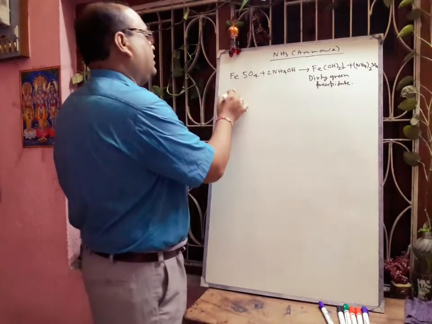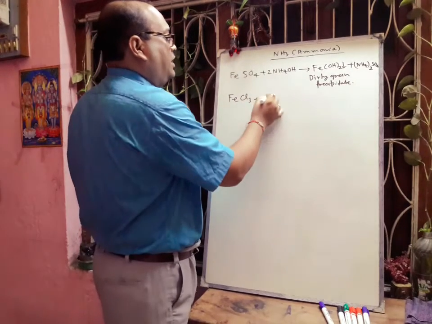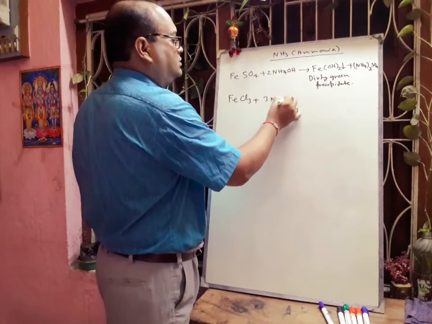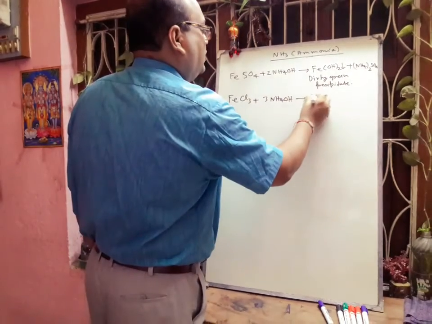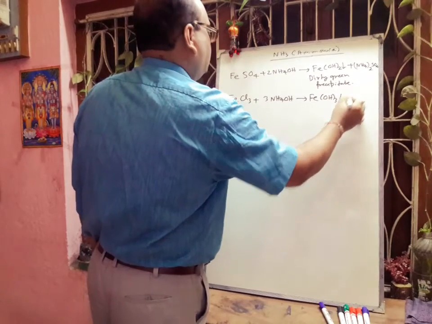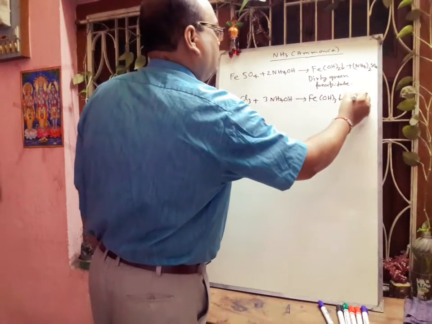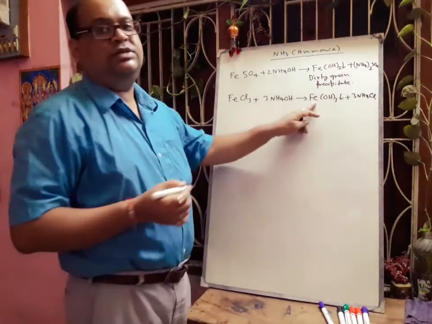Next, if we take ferric salt like ferric chloride, if you add the ammonium hydroxide solution, then it will form ferric hydroxide, plus there will be formation of 3 NH4Cl. Now what will be the color of this precipitate?